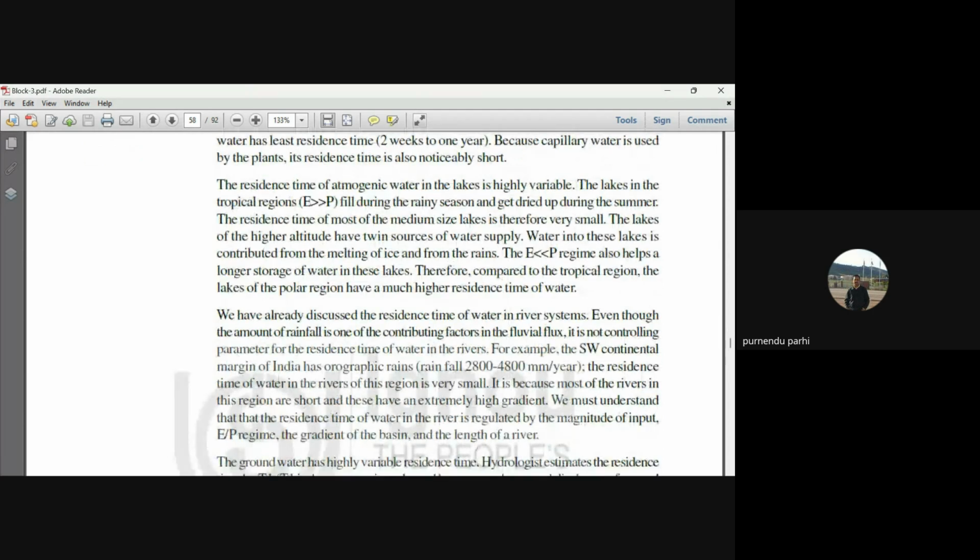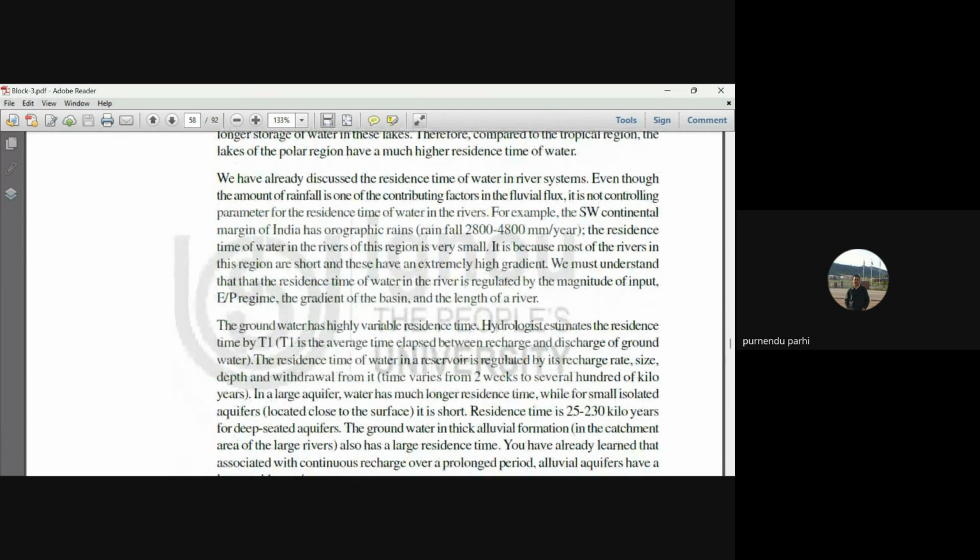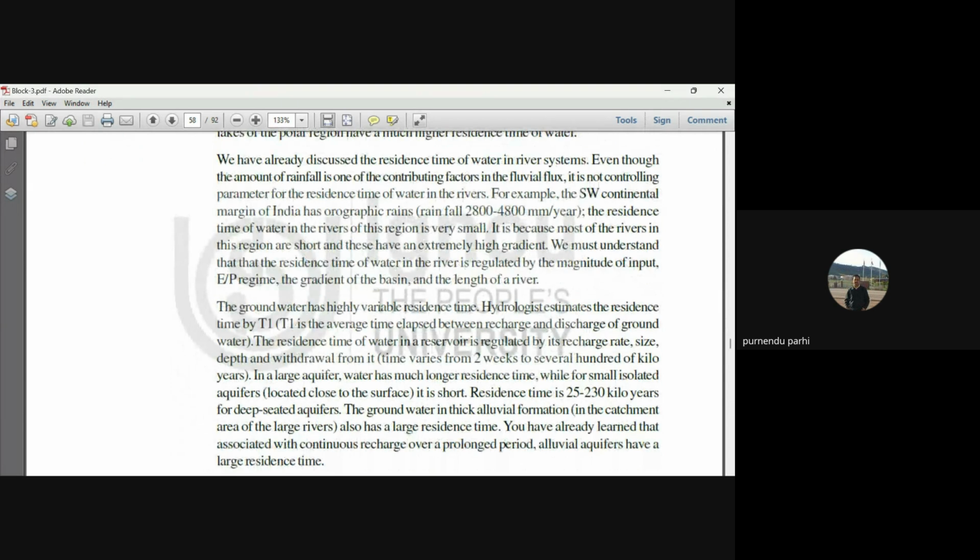We have already discussed the residence time of water in river systems. Even though the amount of rainfall is one of the contributing factors in the pluvial flux, it is not a controlling parameter in the residence time of the water in the reservoirs. Groundwater has a highly variable residence time. Hydrologists estimate it by T1. T1 is the average time elapsed between the recharge and the discharge of groundwater.